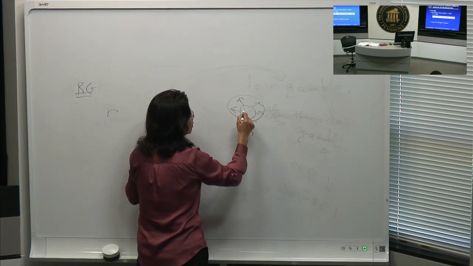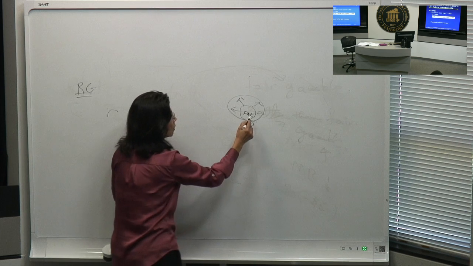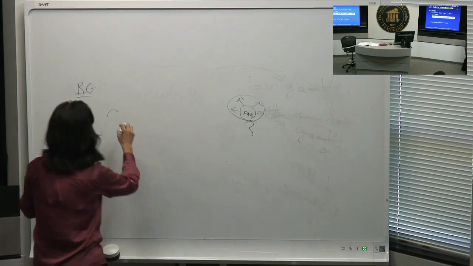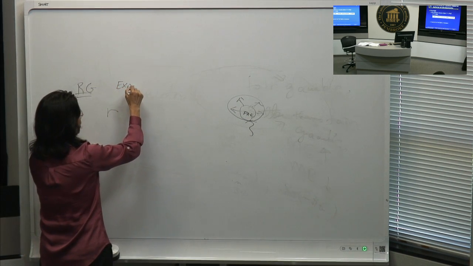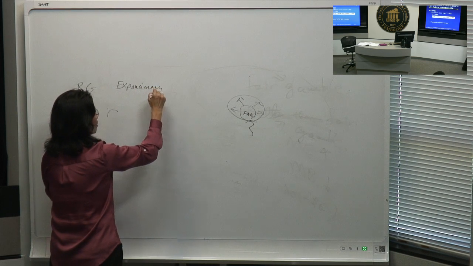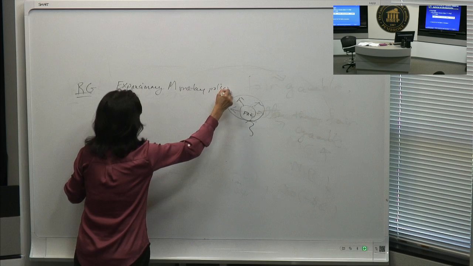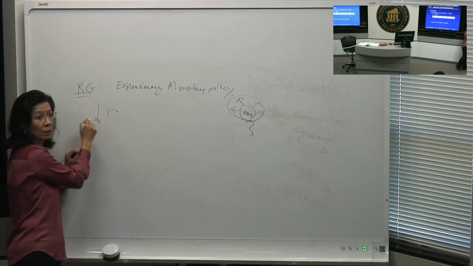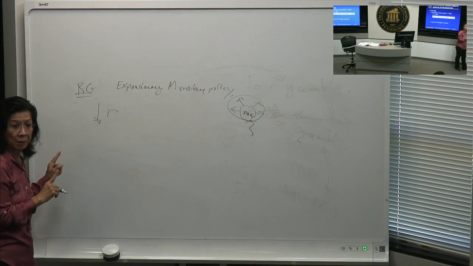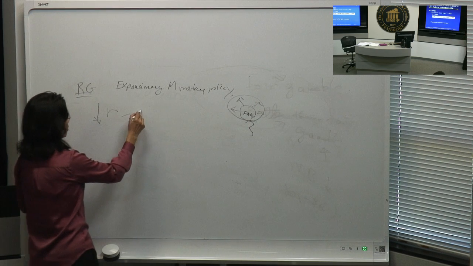So you have to practice expansionary policy. In this case, it's monetary. And that means lower the interest rate, not increase. Very important. So this is a review.